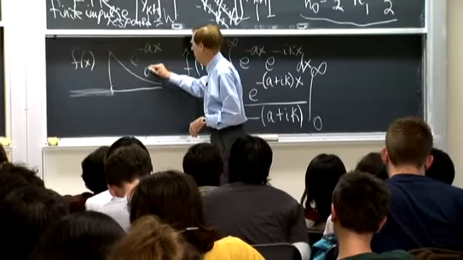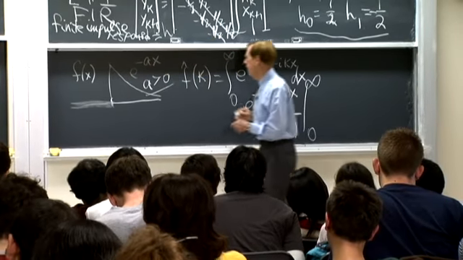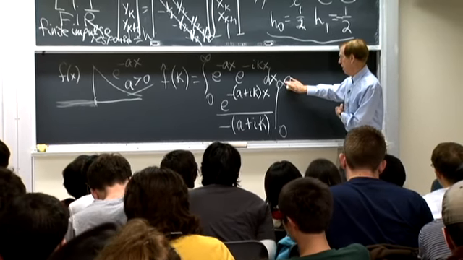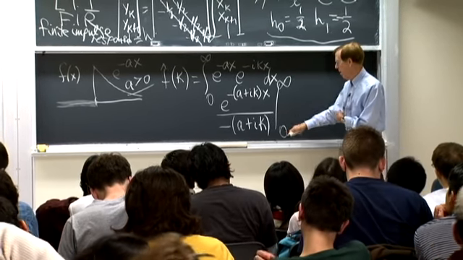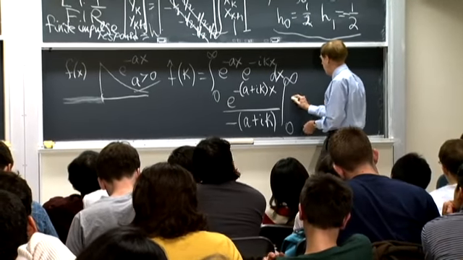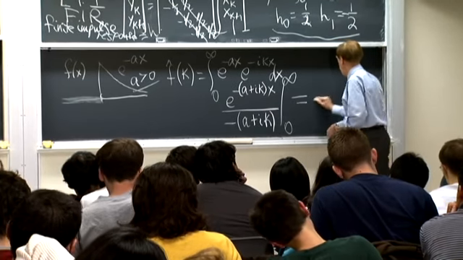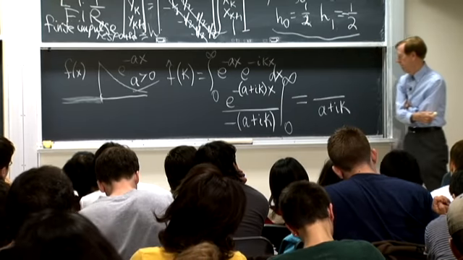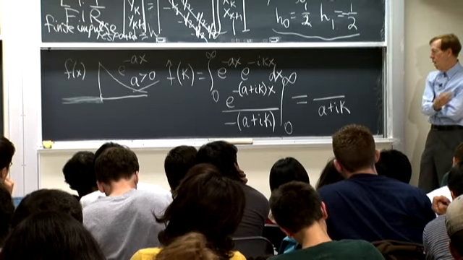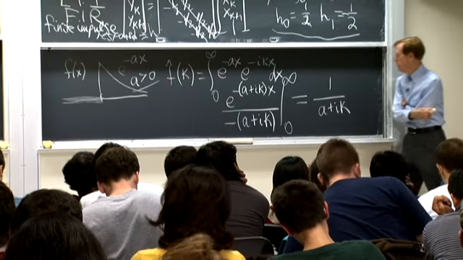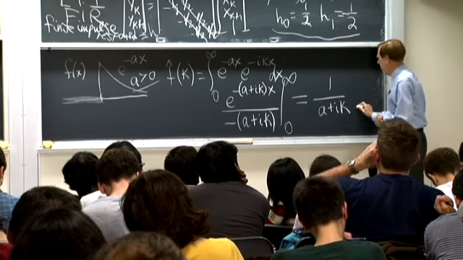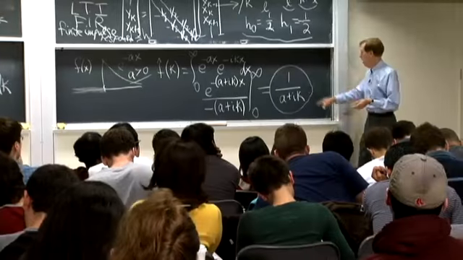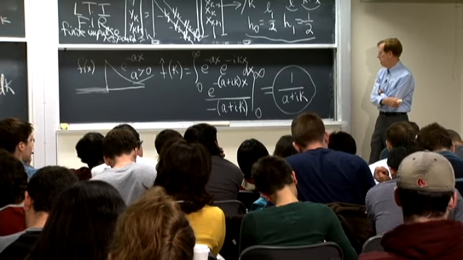That picture had to be the right one, a positive. Then at infinity I get 0. So now I just plug in the lower limit. That comes with a minus sign. The minus sign will make this a plus ik. And what does this equal at x equals 0? 1. E to the 0 is 1. So there is the Fourier transform of my one-sided exponential: 1 over a plus ik.